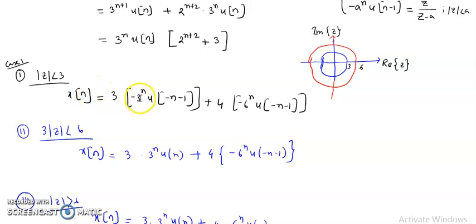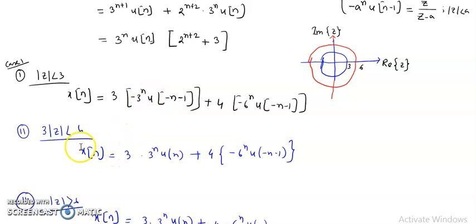So that's why we are putting minus 3 in front of this, and we are putting minus n. Similarly here in front of this 6 we are putting minus, and also for n below. So when we are moving to the region 3 less than mod z less than 6.